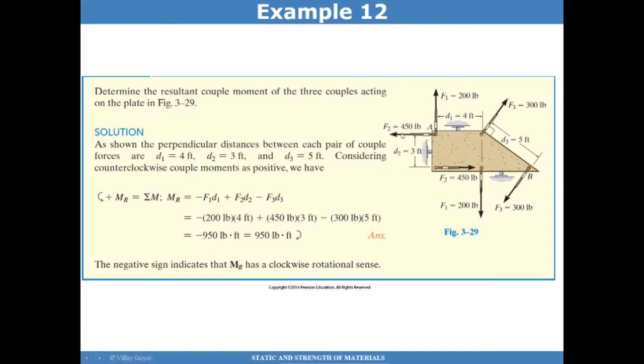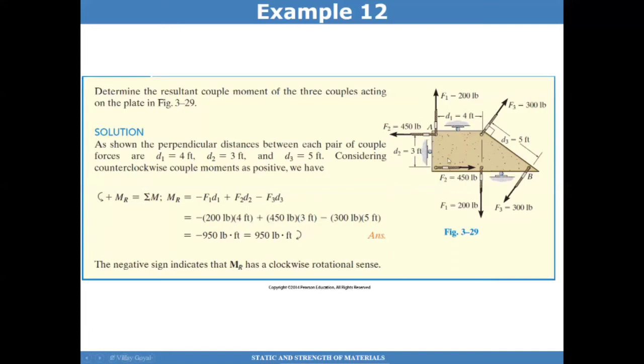Then I have this couple right here. F2 has the same magnitude as this one here. And so I could take the 450 pounds multiplied by this distance of 3 feet. That one is positive because these forces will cause a counterclockwise couple moment.